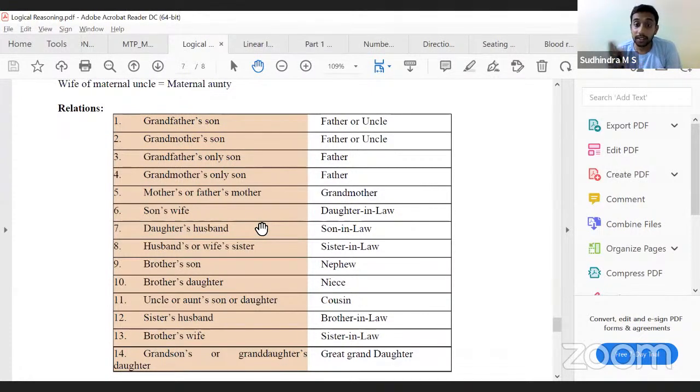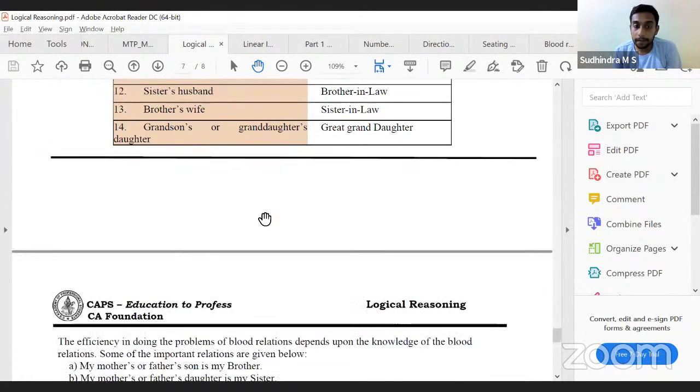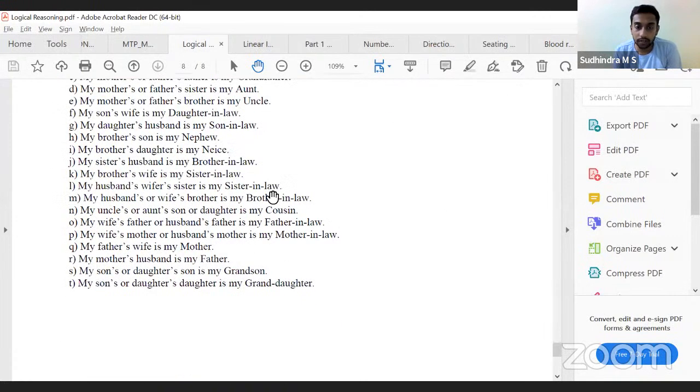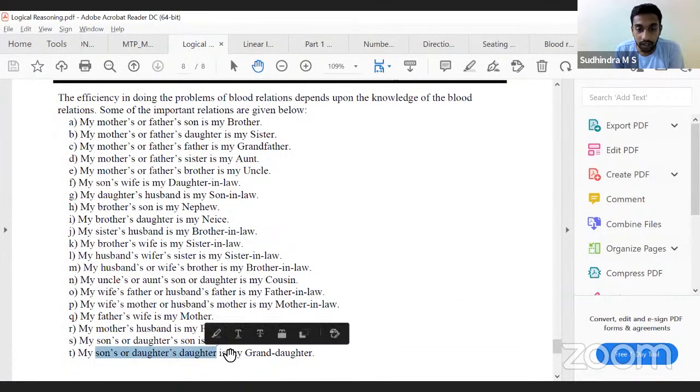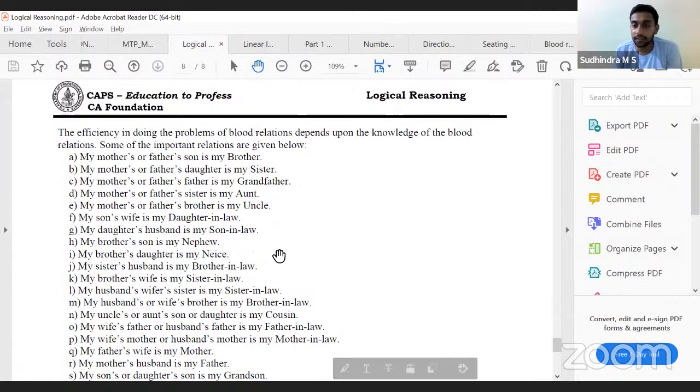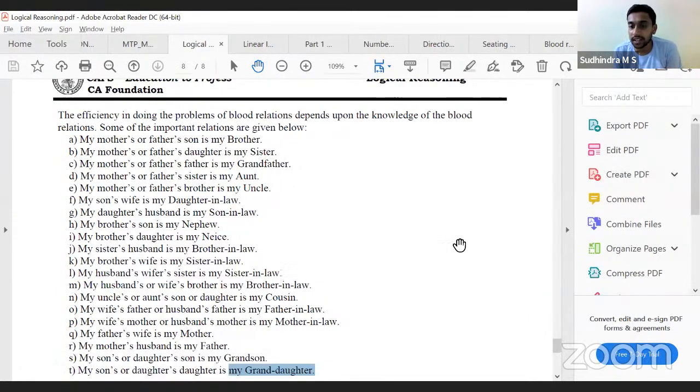Grandmother and grandfather both would be given in the options, so identify the gender right and select the appropriate option. If we go through these relations, that is sufficient. Son's or daughter's daughter is granddaughter. They have given us complete, detailed relationships, and we have to just focus on that.